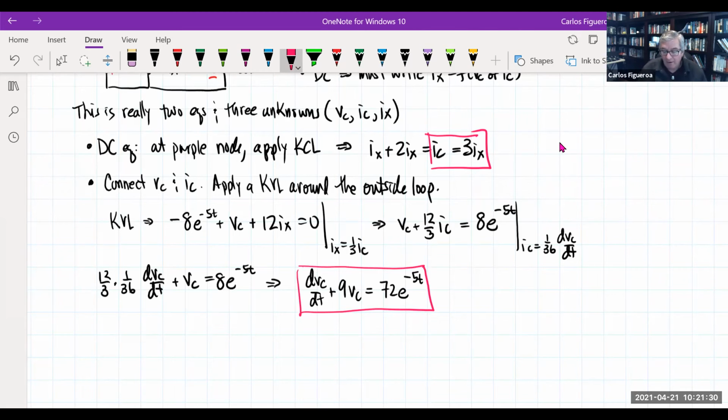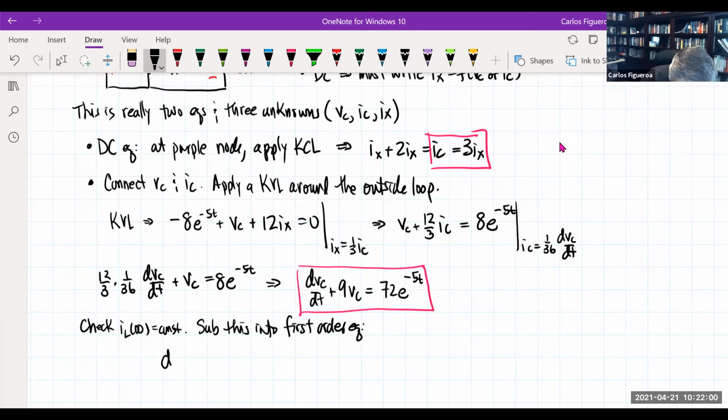And so now I have my first order equation. Let's do a simple check. Let's check IL at infinity. We know that IL at infinity has to be a constant. So what I'm going to do now is sub this into the first order equation.